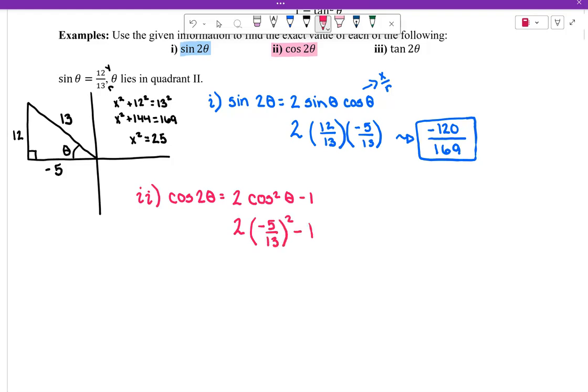I'm going to square that, minus 1. So that means we're going to have 2 times 25 over 169 minus 1. That means the top is now going to be 50. And remember, we have to have the same denominator, so I can really just change this to 169 over 169. And then I can just go ahead and take my answer this way. 50 minus 169 will give you negative 119 over 169.